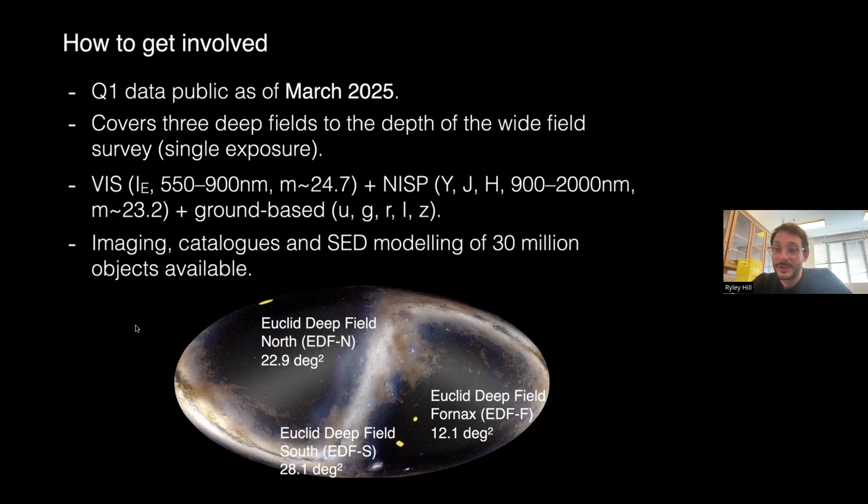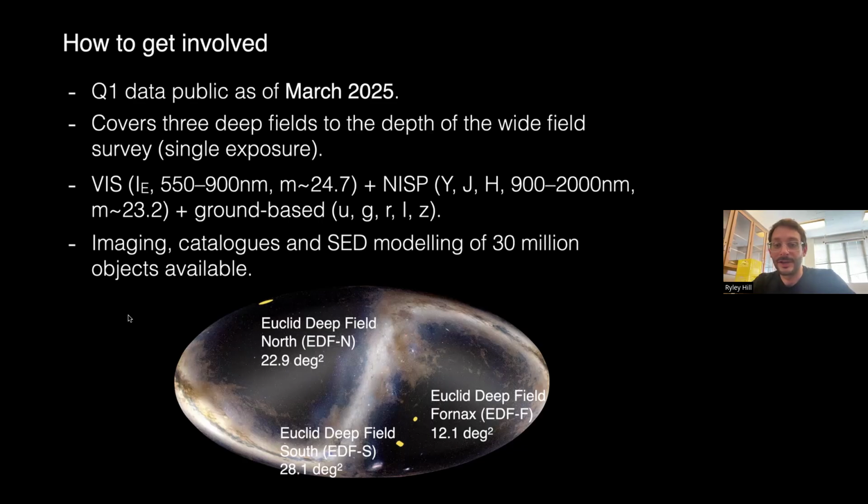The other cool thing that is available with Q1 that you can play around with is the results from SED fitting. I talked about looking at galaxies in different redshift bins and stellar mass bins. These redshifts and stellar masses come from the Euclid pipeline, basically modeling the SEDs of galaxies, modeling the fluxes measured by Euclid, plus a bunch of ground-based data.